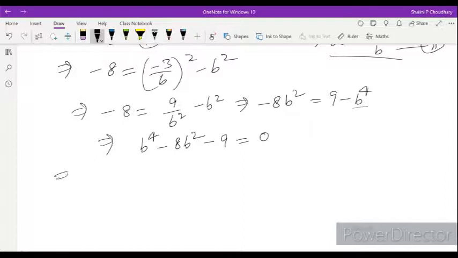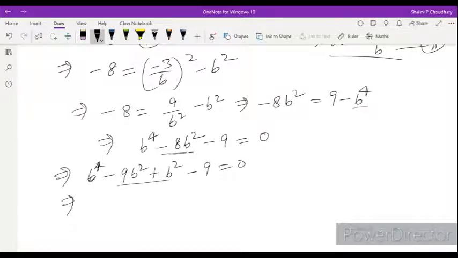So now can we write it like this? b to the power 4 minus 8b square minus 9. For this we write -8b square as -9b square plus b square, and -9 as it is. So we wrote it in this form. Now from these two terms we'll take b square common, so b square minus 9, and from these we'll take 1 common, so b square minus 9 equals 0.